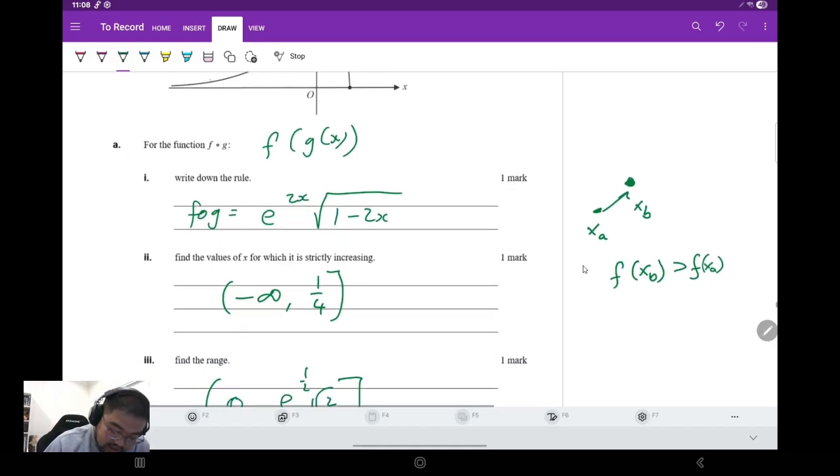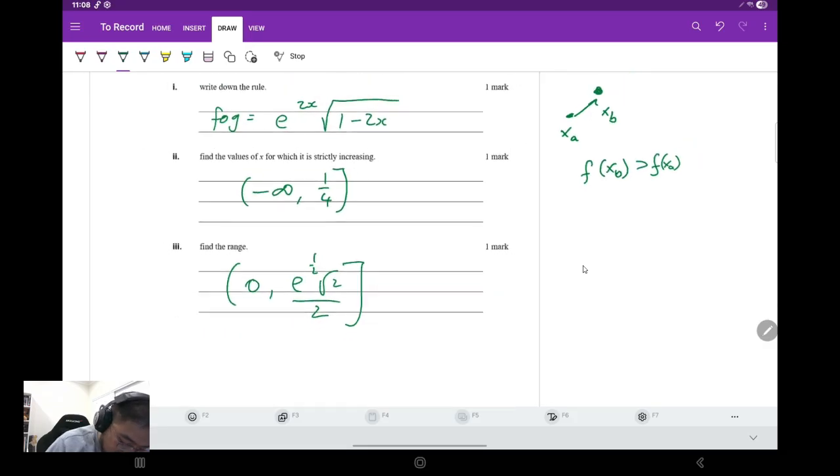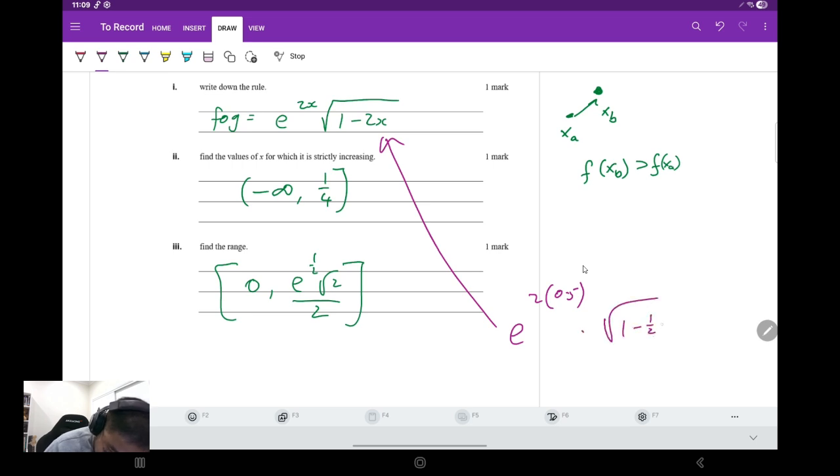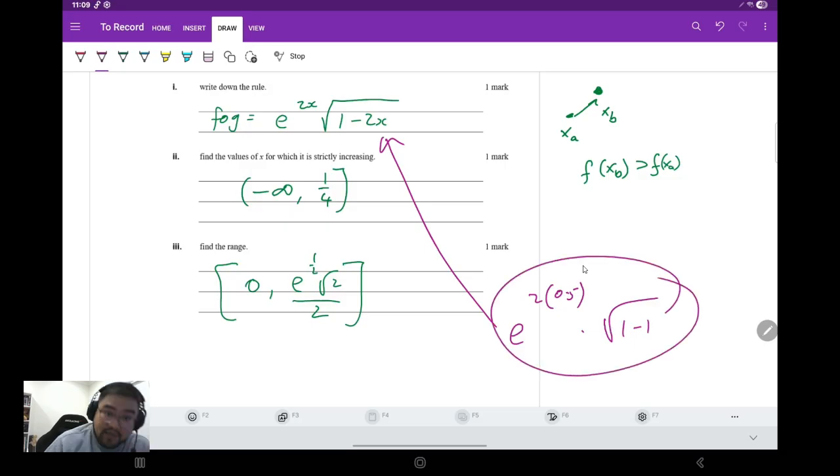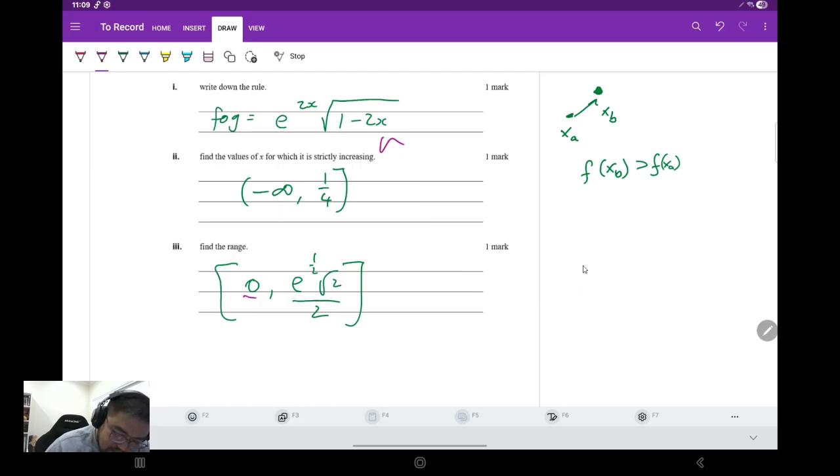So this one here is something you're going to be very careful with. So now I'm going to suggest that we include 0. The reason is because for this instance here, if we've got e to the power of 2x, or if we find 0.5 times 1 minus 2 times a half, which is 1 minus 1, the square root of 0 is something you can still evaluate, which means that we get 0 for this expression, which means 0 is defined, which means that 0 is part of the range. Okay, important one to consider.